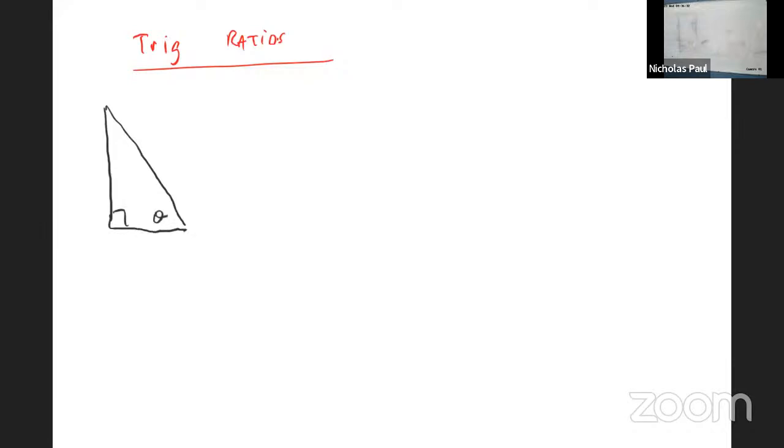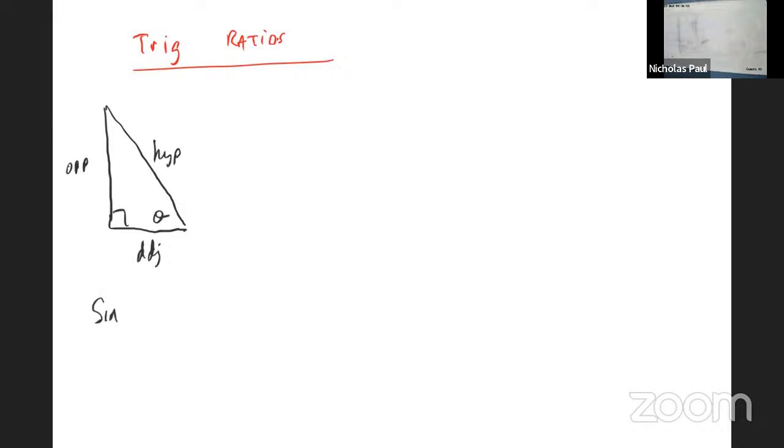Next subheading, trig ratios. So let's say we have the usual hypotenuse, opposite, adjacent, right? There are three ratios that we could use to help us solve anything.